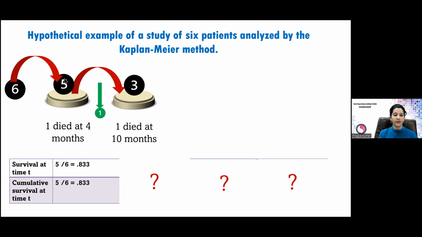So I will reduce this 5 by 1 loss to follow-up and 1 died. So 3 remained. So 3 by 4. Why 4? Because this 1, I will deduct from the denominator, because this is a loss to follow-up. So the survival probability is 3 by 4, which is 0.75.